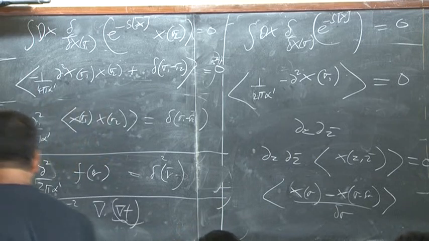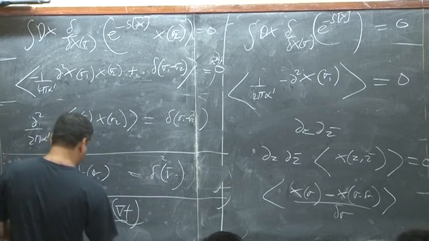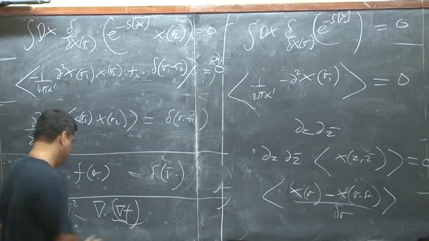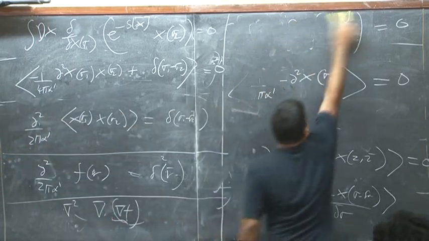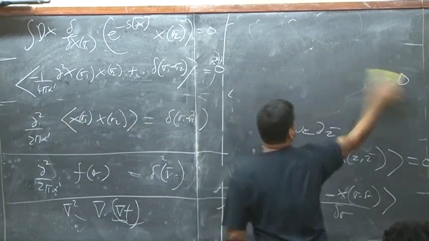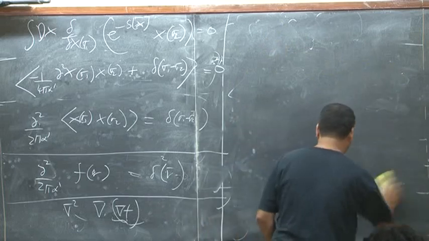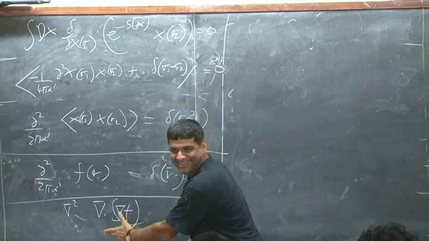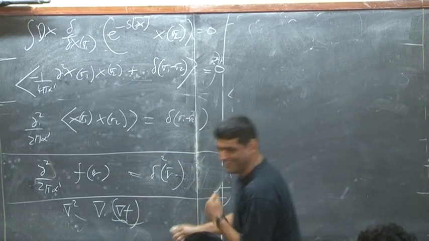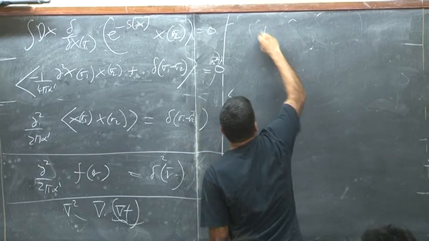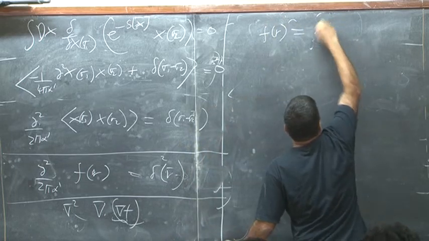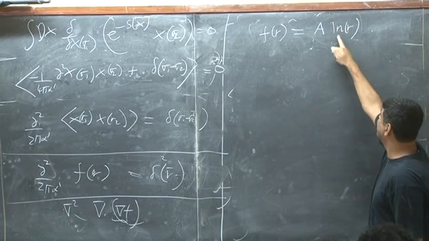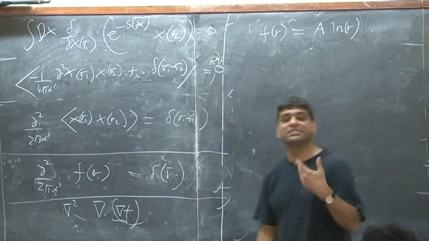Now, what I'm telling you is that you know that the answer is going to be a log. All of you know that the answer is going to be a log. So we know that f of r is going to be some a times log r. You can easily verify that a times log r obeys del square equals 0 away from the origin.